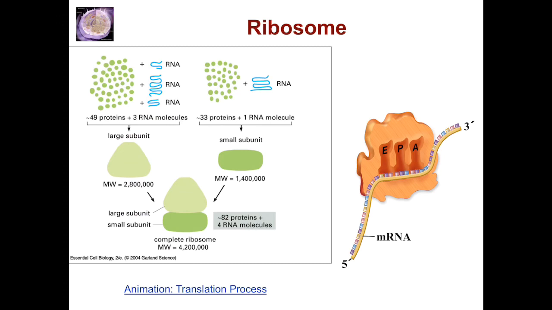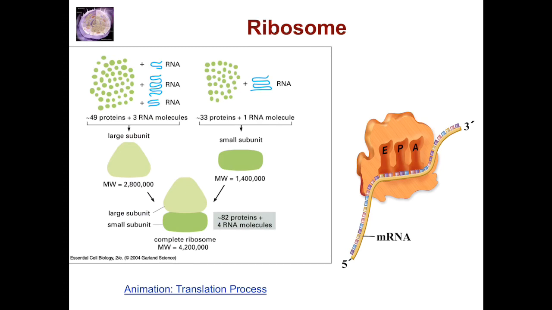Okay, when you put the ribosomes together, it actually shows that there's 4 binding sites. One binding site is for the messenger RNA. The others are called the A site, P site, and the E site. So the easy way to remember is the A site is going to bind to a tRNA that carries 1 amino acid.